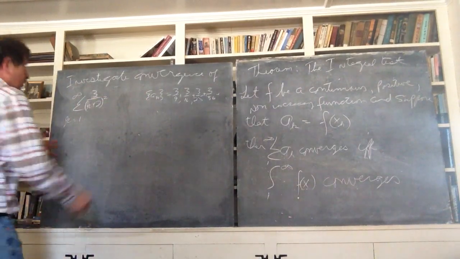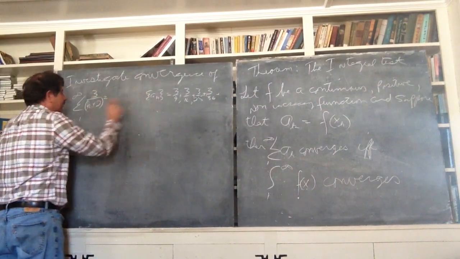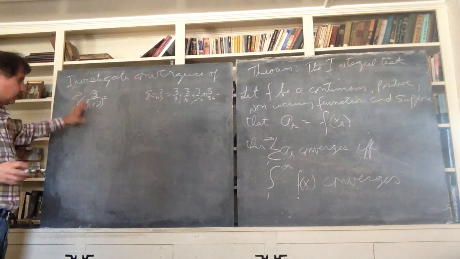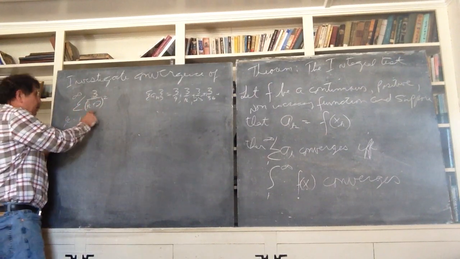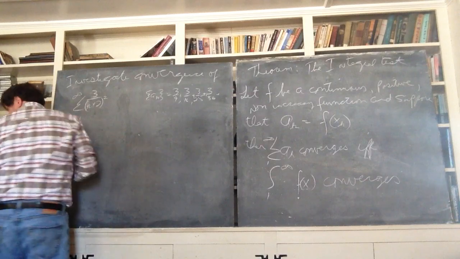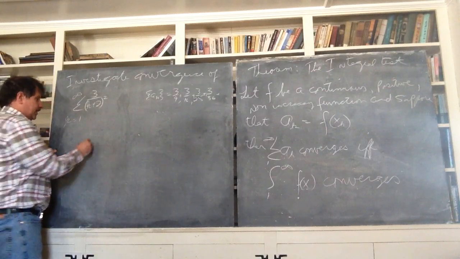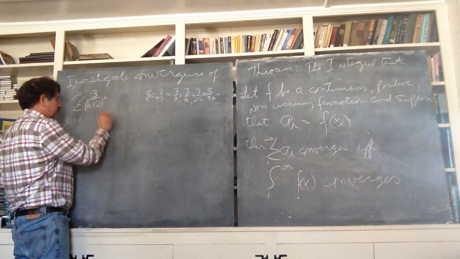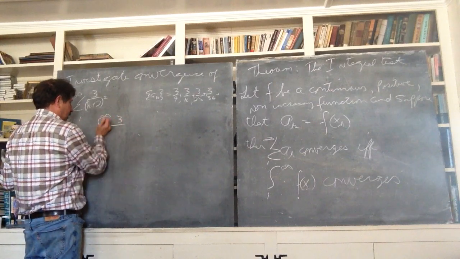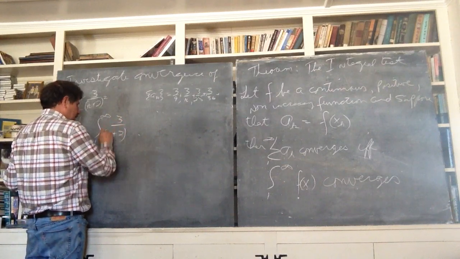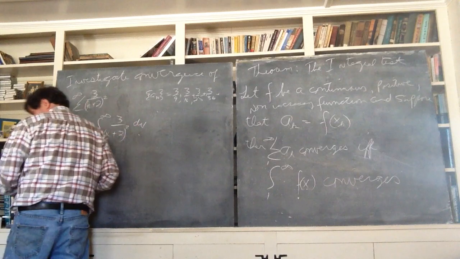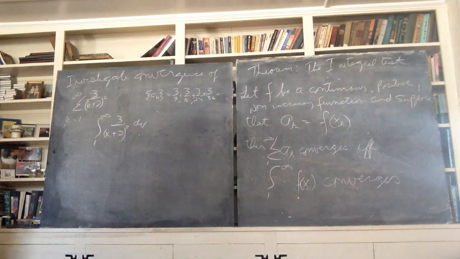The sum of this, well, we need some more tools for that when we talk about the sum. But all we're doing is test convergence. So we need to integrate from 1 to infinity of 3 over x plus 2 squared dx.